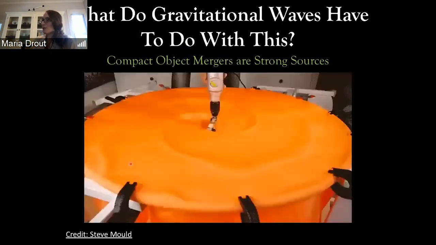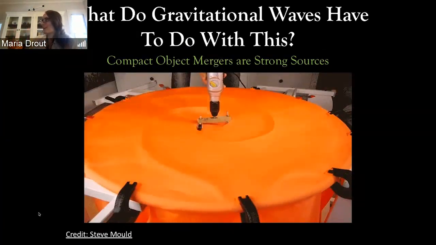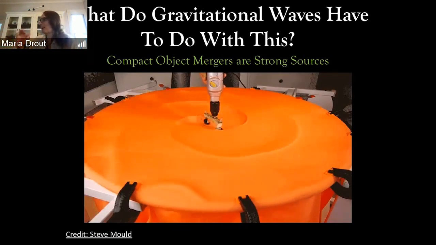And as it turns out, pairs of very heavy objects like black holes or neutron stars that are orbiting each other, as this is a great demo, and I love the video of this, it's just demonstrating that if you have two objects orbiting each other, they can create these waves or ripples in space-time that we can see. So neutron star mergers should be strong sources of gravitational waves.